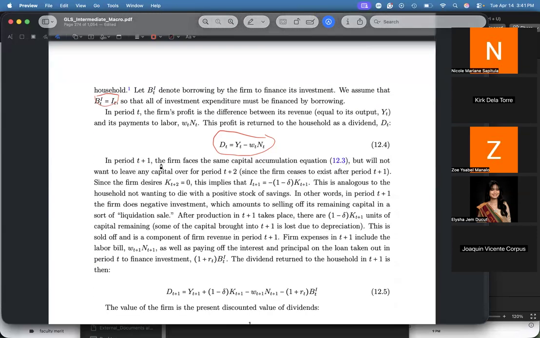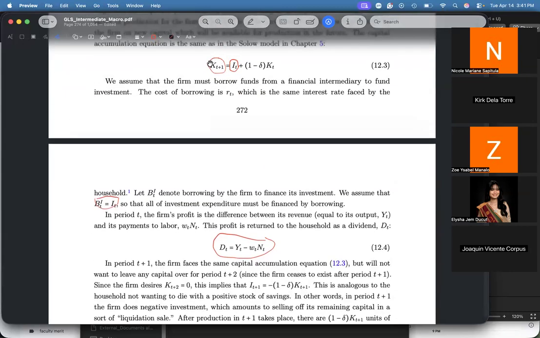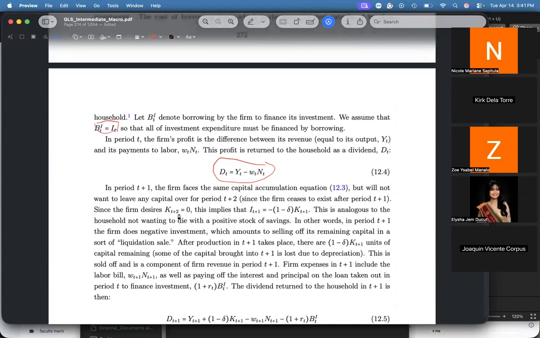So yeah, you're in T plus 1 now. You don't want to have any capital left over in K_T plus 2. Therefore, your K_T plus 2, this one here, will be 0 in the future. So you're optimally deciding your investment will essentially be equal to negative (1 minus delta) K_T plus 1.